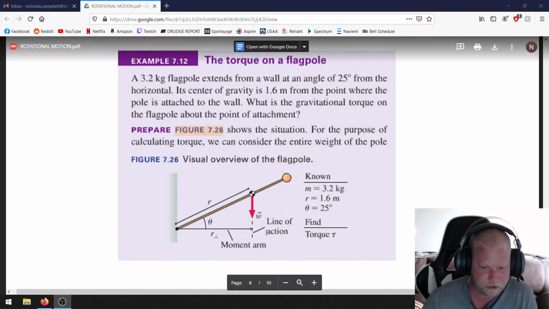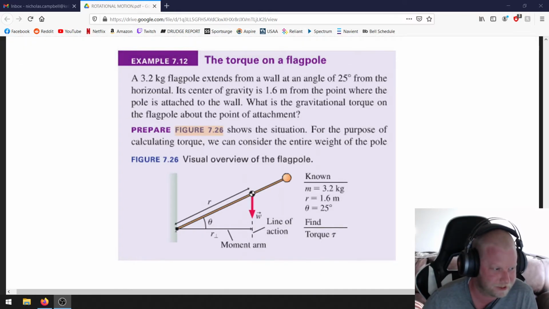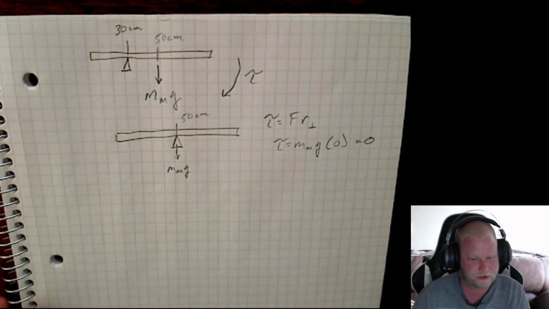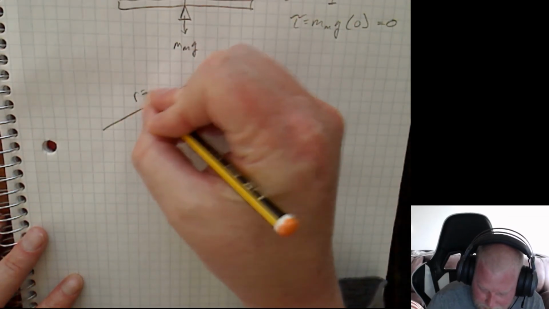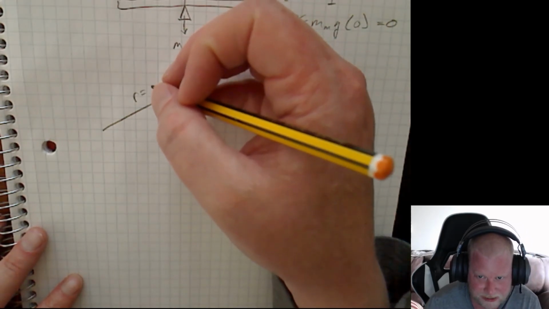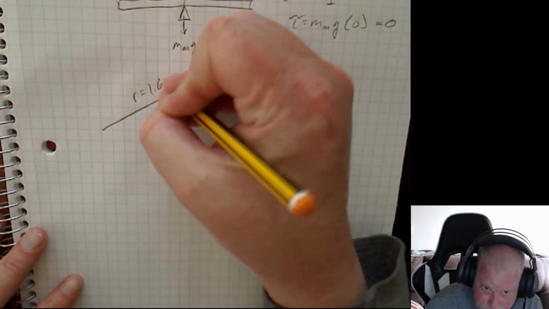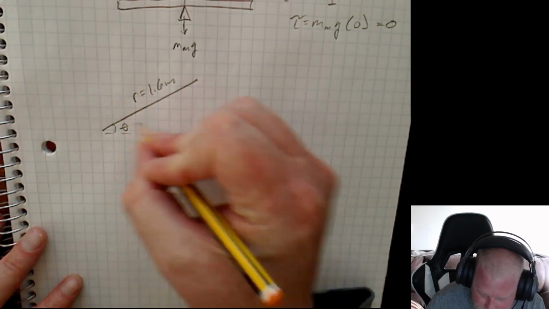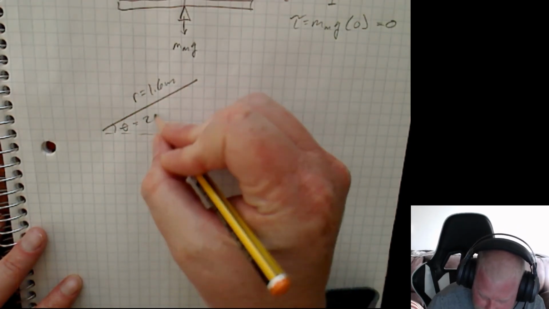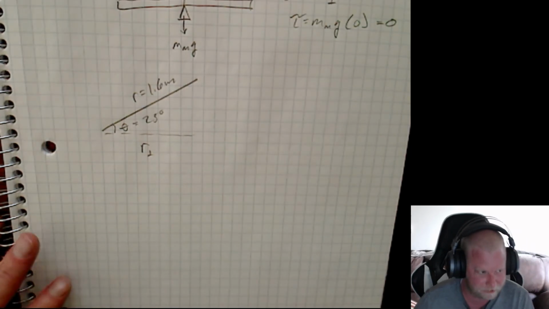And so, if we're looking for the torque, we need to find the moment arm, meaning a direct line from the pivot, which in this case would be right here at the wall, that intersects with that line of action at a 90-degree angle. So if we know that r, the distance to the center of mass, is 1.6 meters, and we know that it is at a 25-degree angle, we can find the moment arm.